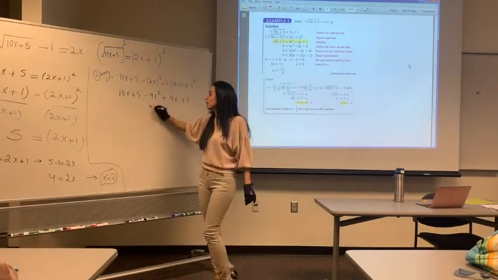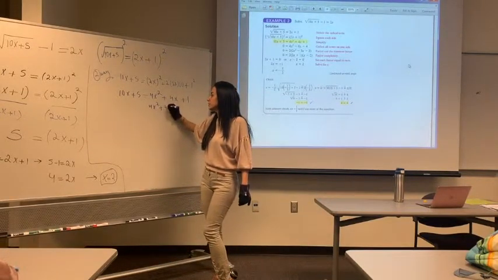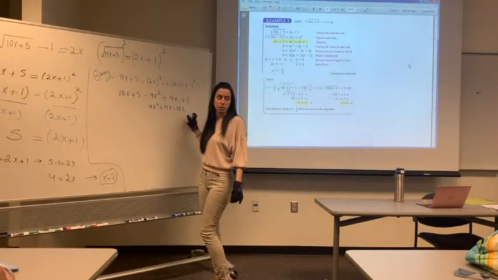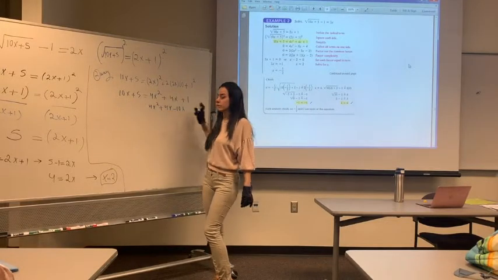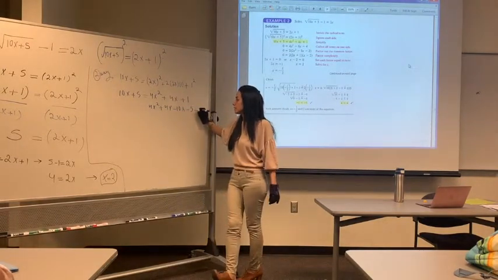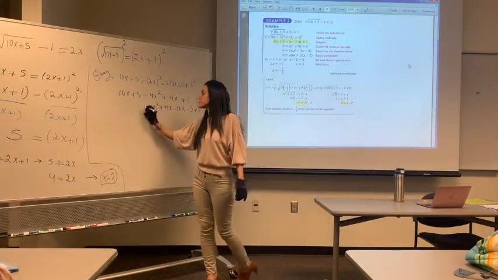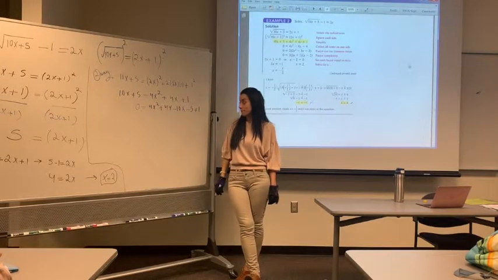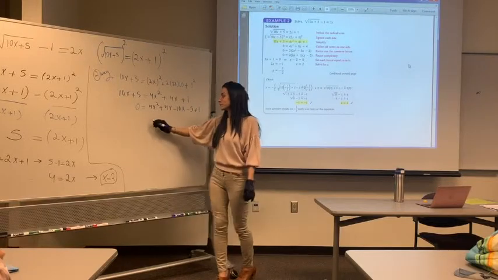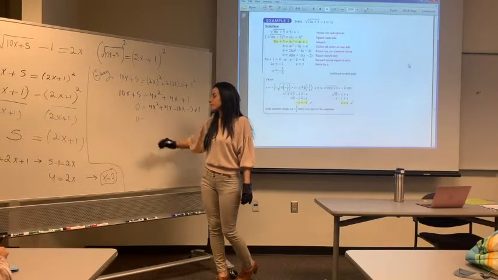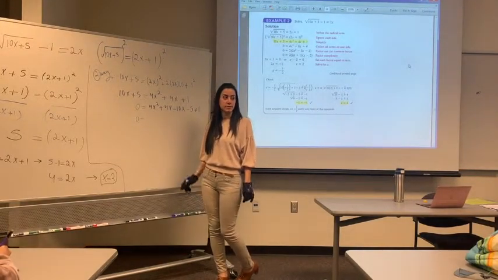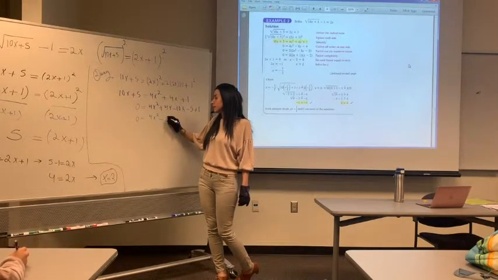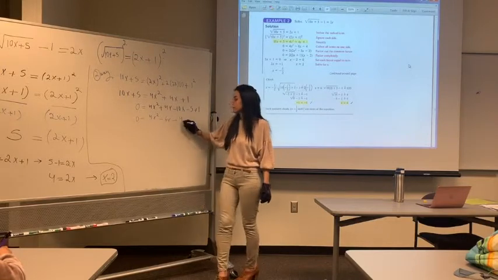And then 4x squared plus 4x minus 10x, I'm bringing this to the other side, and this 5 also to the other side, plus 1. Combine the like terms: you will have 4x squared minus 6x minus 4.